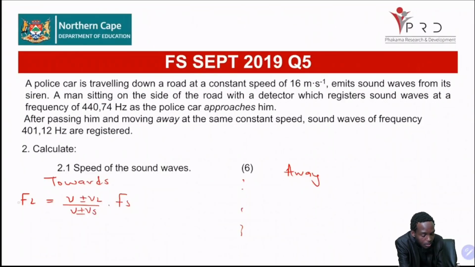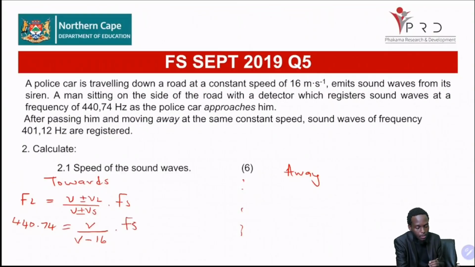What is the frequency when the sound source is moving towards? It's 440,74. This equals, we want the speed of sound. So we want this V. So this is going to be V divided by (V minus 16) multiplied by Fs, right?